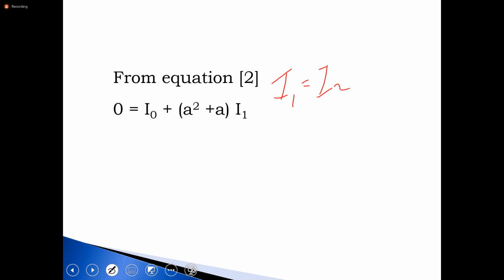Where we had A squared I1 plus A I2, we now have A squared plus A times I1. It would have been the same equation, which would have been A plus A squared times I2.